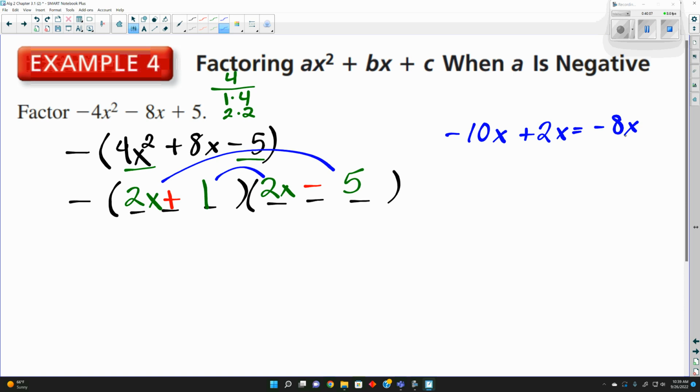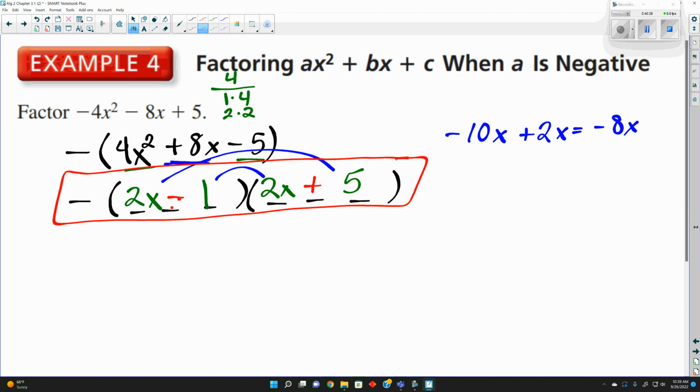Well, we got the correct number, but not the correct sign. So we just switch the signs. We're going to make the first one negative and the second one positive. And that's it.